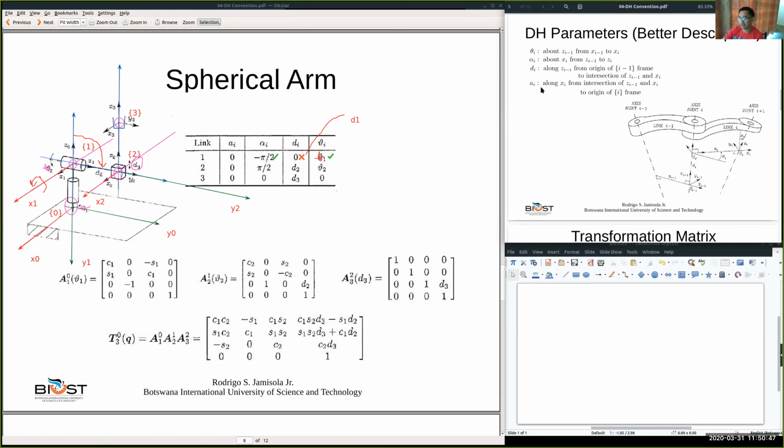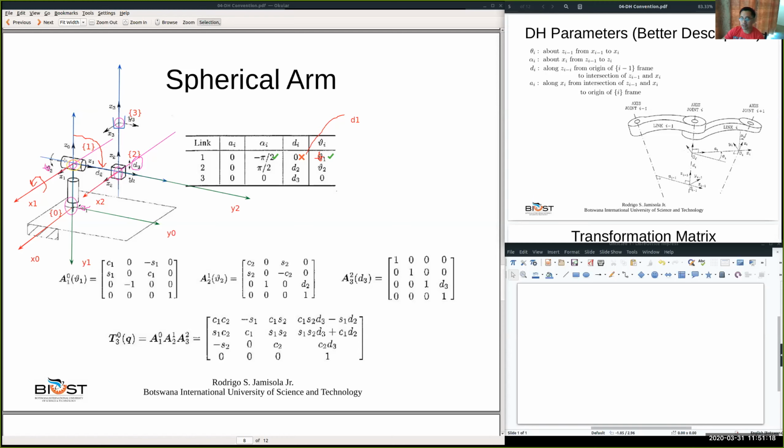So we're looking at A1 now. A1, along X1, from the intersection of Z0 and X1. Z0 and X1 intersection is that one. That's the intersection of Z0 and X1 to origin of frame 1.